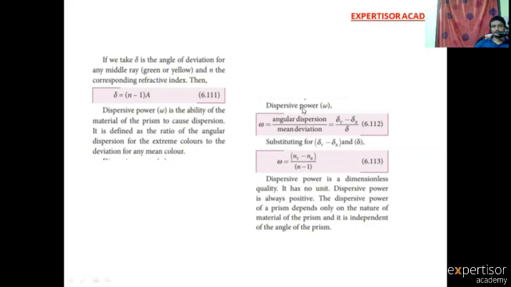So we get the dispersive power omega equal to (nv minus nr) divided by (n minus 1).